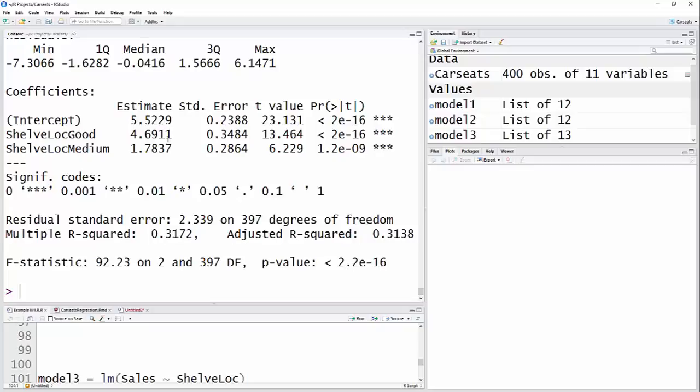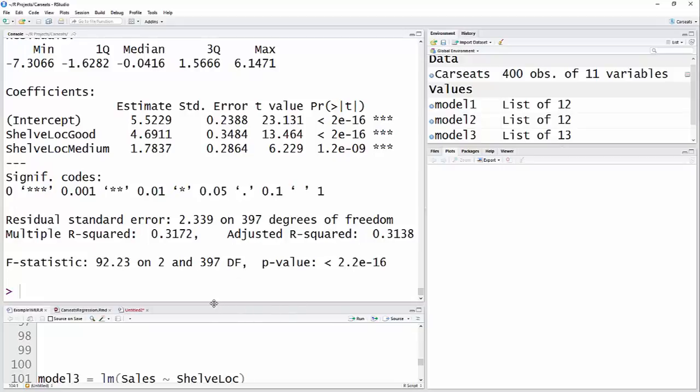So that would indicate that it's pretty important to get your product placed in a good shelf location. You can see that we have statistical significance, very low p-values, and an R-squared of about 0.31 or 0.32, 0.31 if you look at the adjusted, which you probably should.